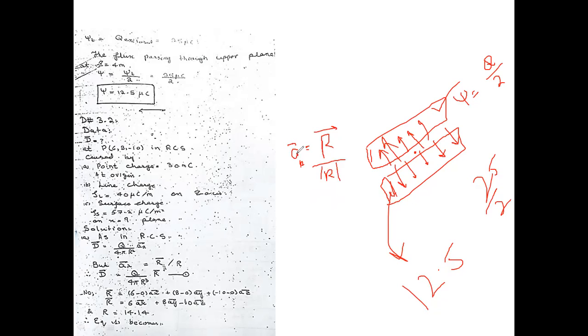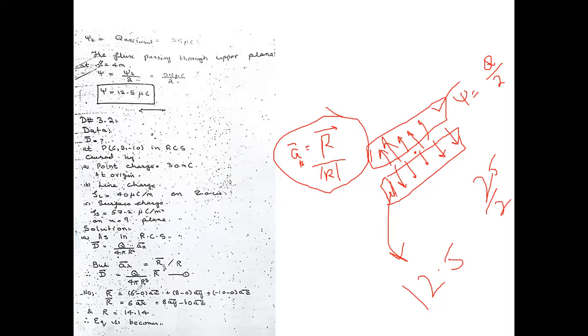So D is in the direction of ar, and first we have to find ar. Now what is the unit vector ar?